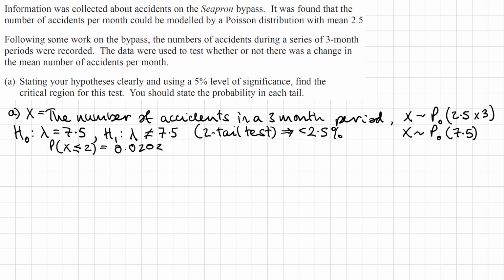The next one's bigger than the 2.5%, so that's going to be my lower value. Now for my upper value, I'm trying to find a value of x such that the probability of X greater than or equal to x is going to be less than 2.5%.